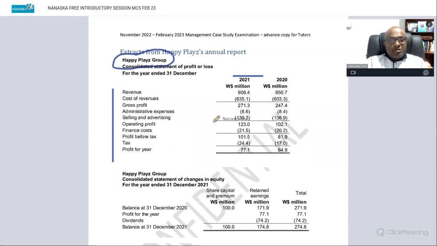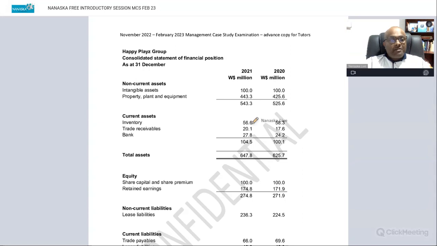All right. So we have a revenue of 906 million, net profit of 77 million. Numbers are given in millions. And go to the balance sheet. Property, plant and equipment is 443.